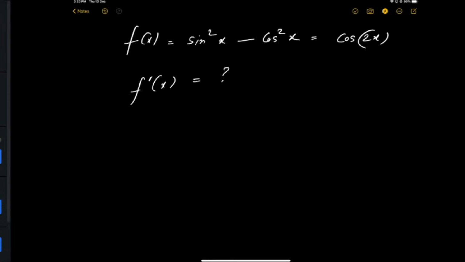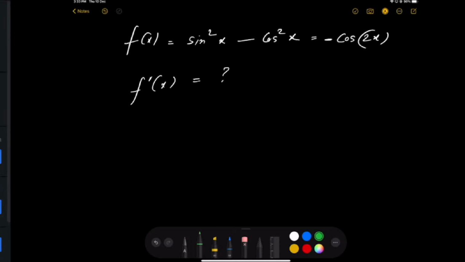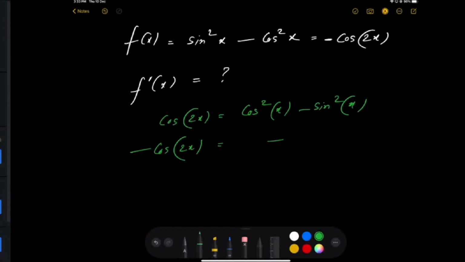What is cos 2x equal to? Cos 2x is equal to cos square x minus sine square x, which we already derived, right? So what is minus of cos 2x? It's sine square x minus cos square x.